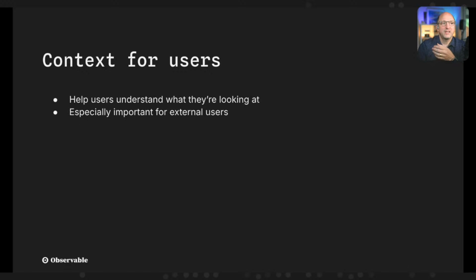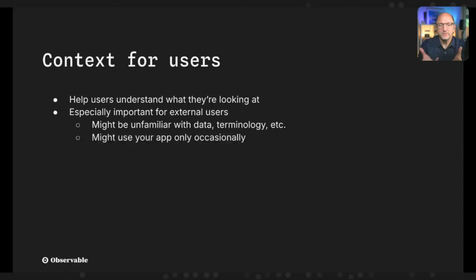And how do I understand what's going on here if I'm not using this all the time? Especially, of course, it's important for external users because they might not be familiar with your data, your terminology, and so on. Maybe the way you use terms is not the way they use it in their context usually. So this is just a thing that needs to be explained.